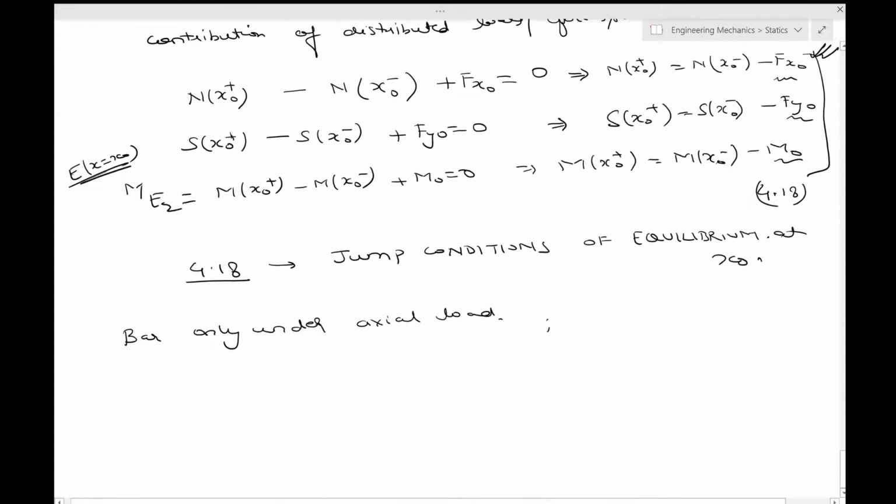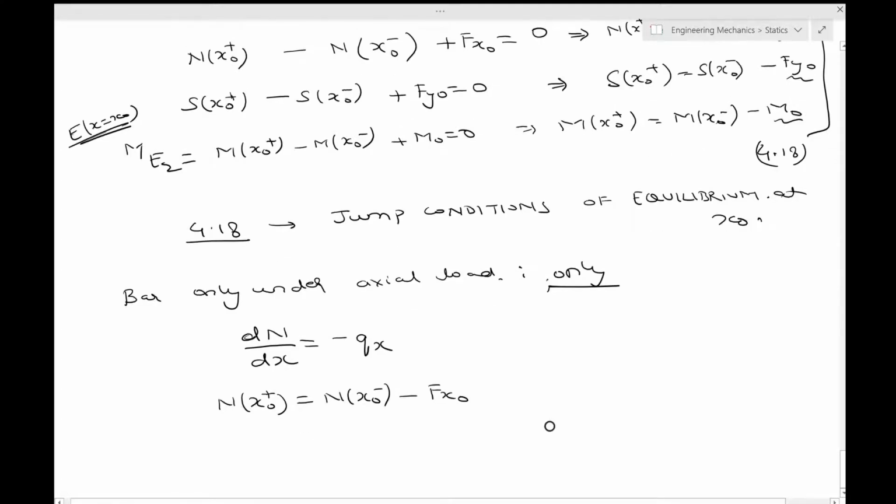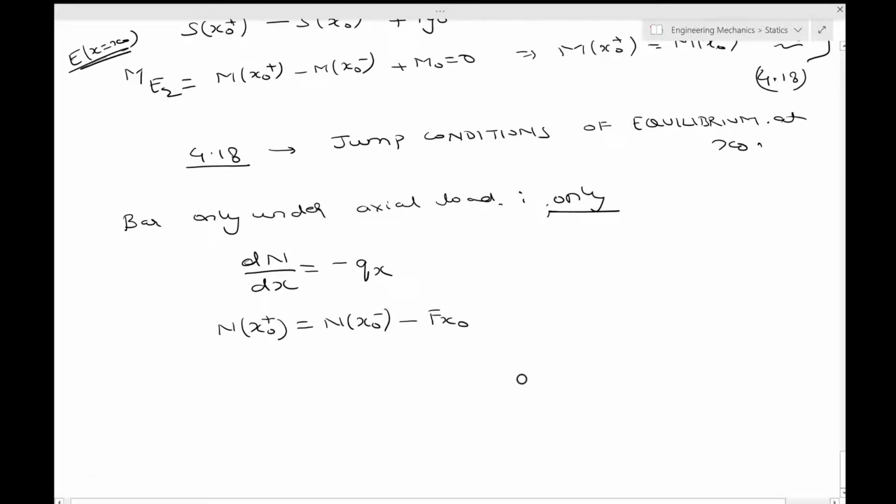So you would have only dN by dx is equal to minus qx, and N of x naught plus is equal to N of x naught minus Fx naught.